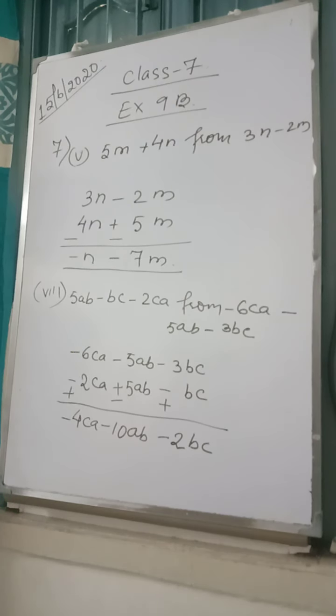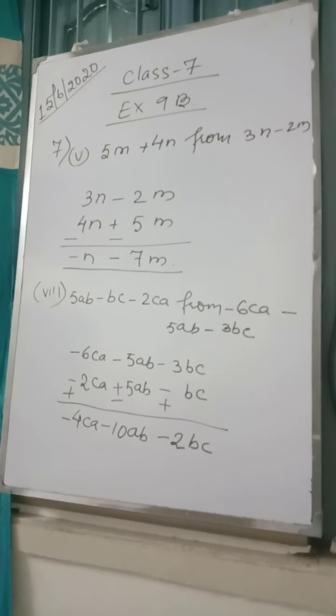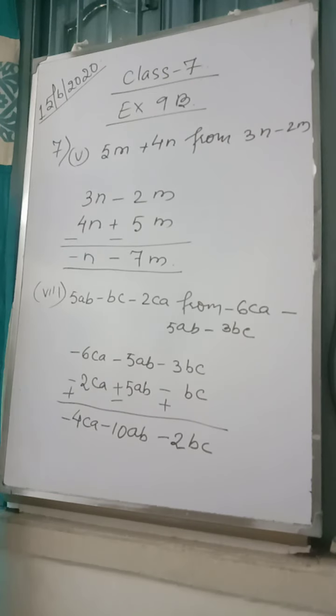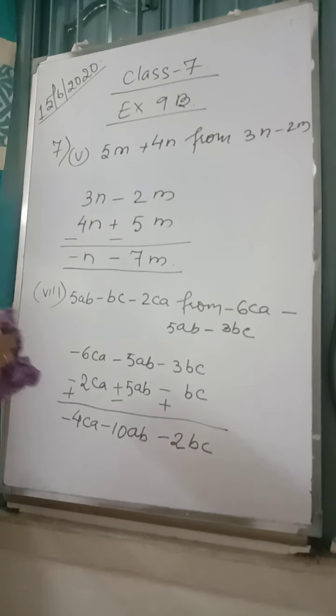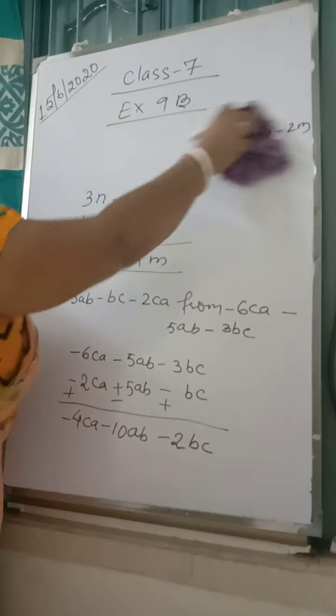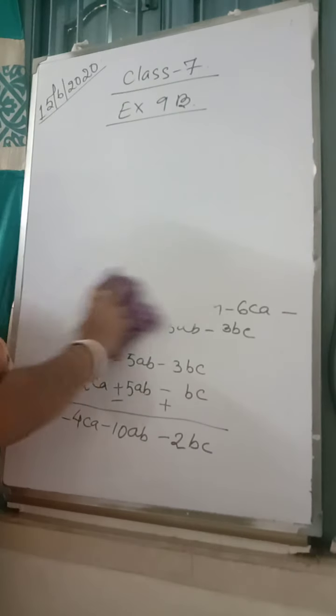Then the next question you have asked, that is question number 8. From the sum of a plus 4b minus 7c and 4a minus 3b minus 5c, subtract 2a minus 3b minus c. Now first of all, we'll get the sum of the expressions given to us. The 7 is done. Look at question number 8.